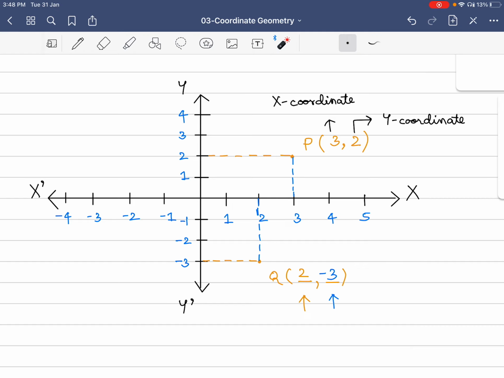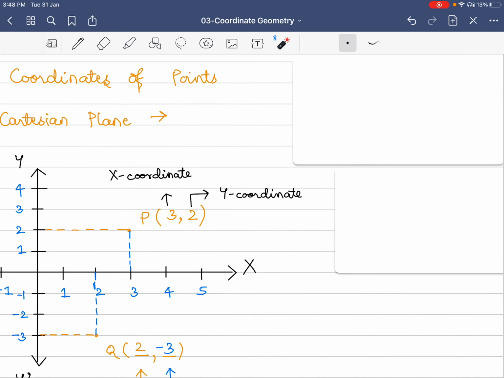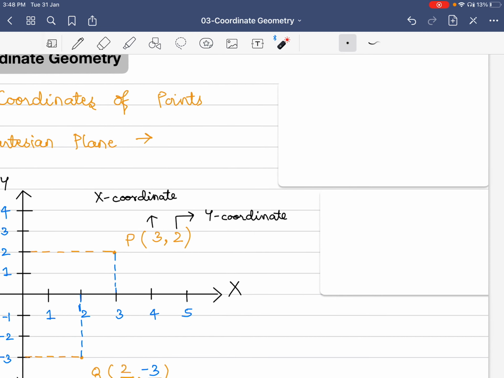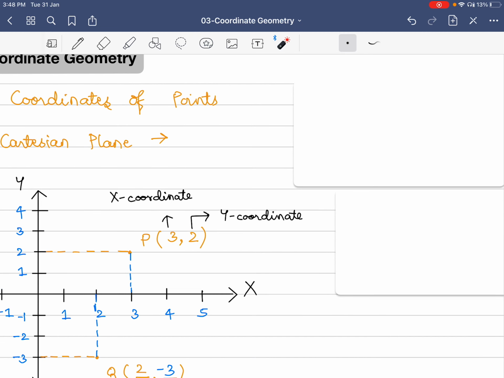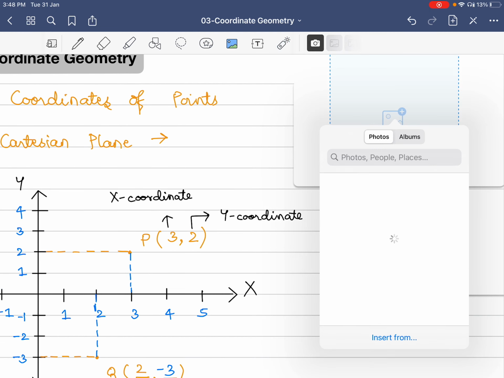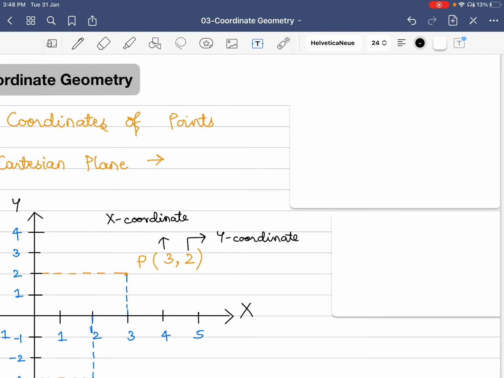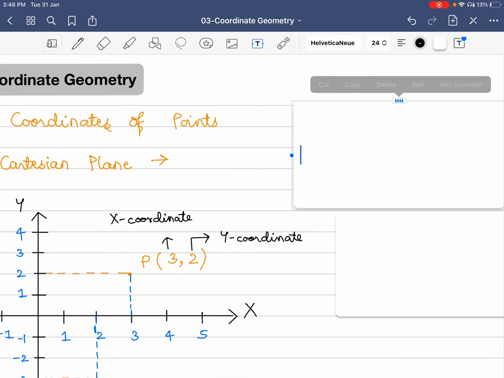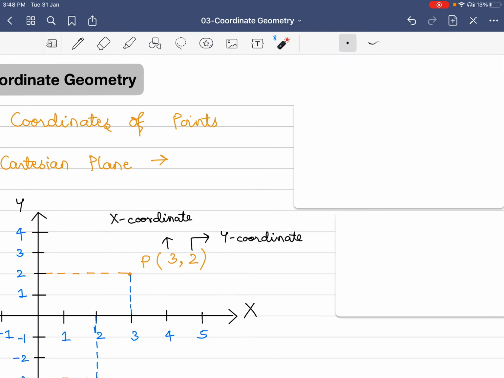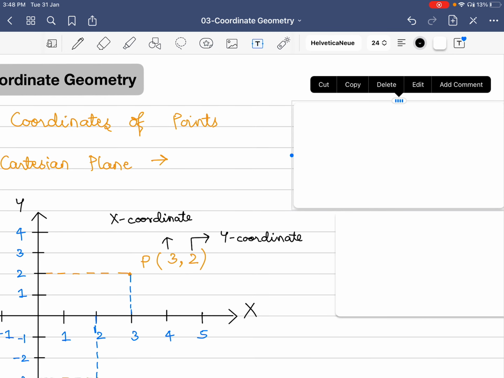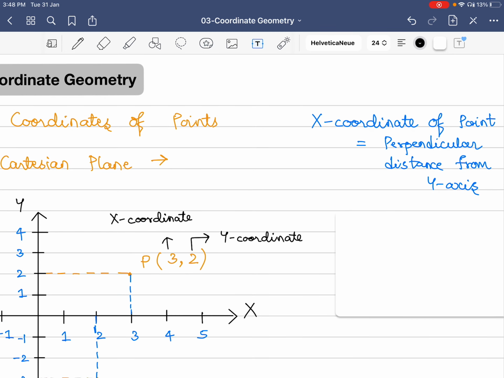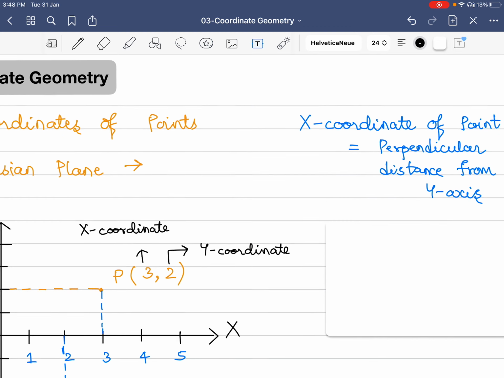Okay. Now, just to quickly make a note of the definitions of x coordinate and y coordinate. Here is the definition of x coordinate.